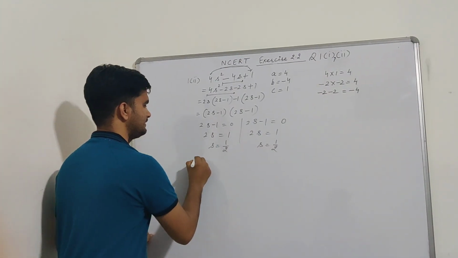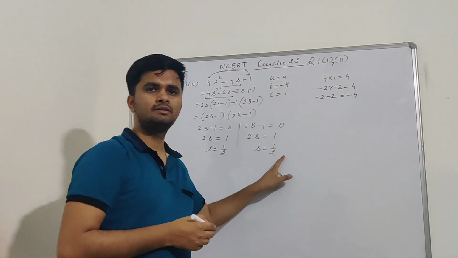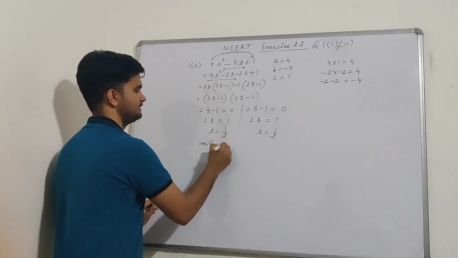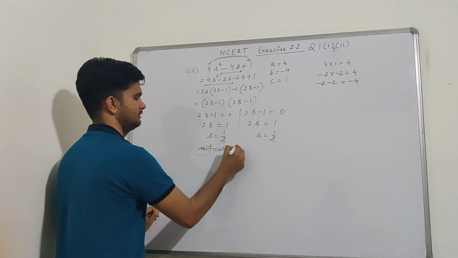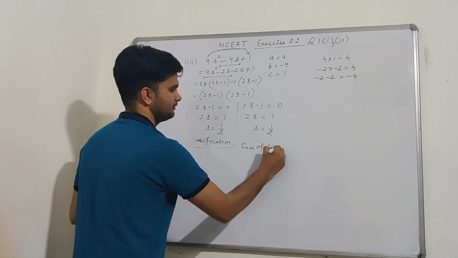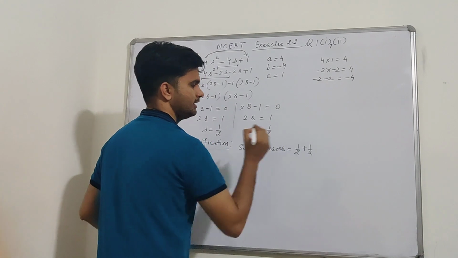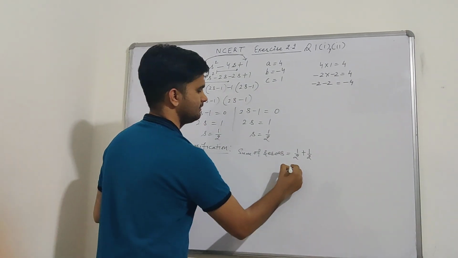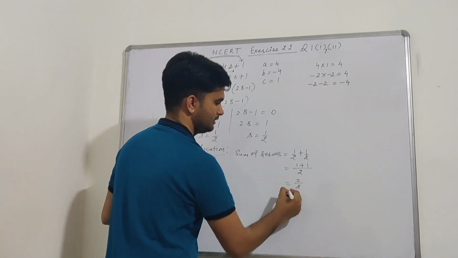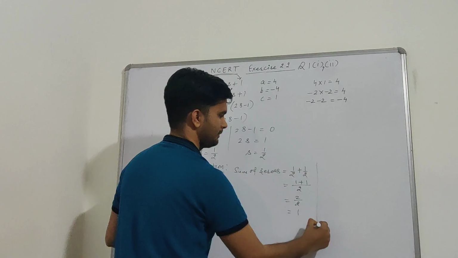Now the verification part is there. We have two zeros, 1 by 2 and 1 by 2 are zeros of this polynomial. So verification, sum of zeros: 1 by 2 plus 1 by 2, half plus half, 2 by 2, it is equal to 1.